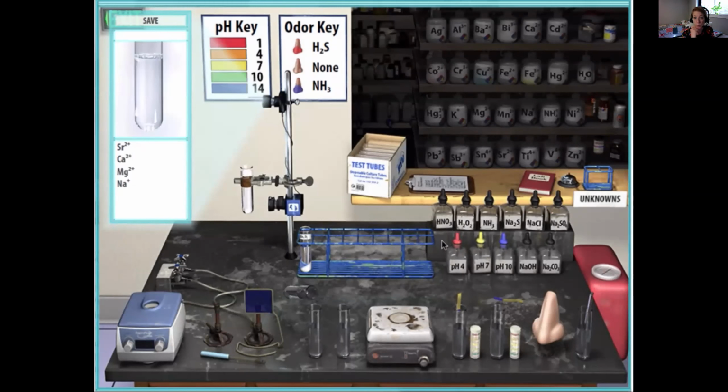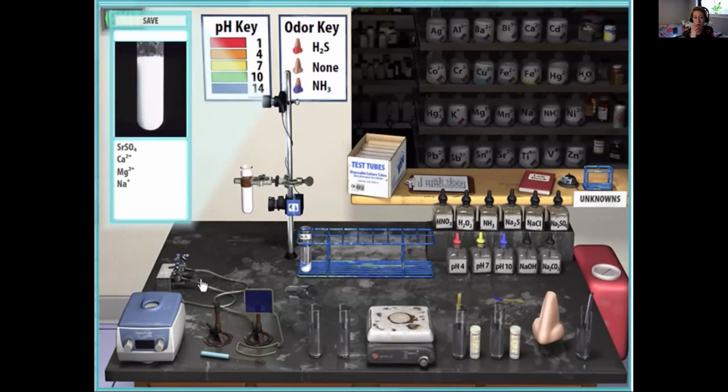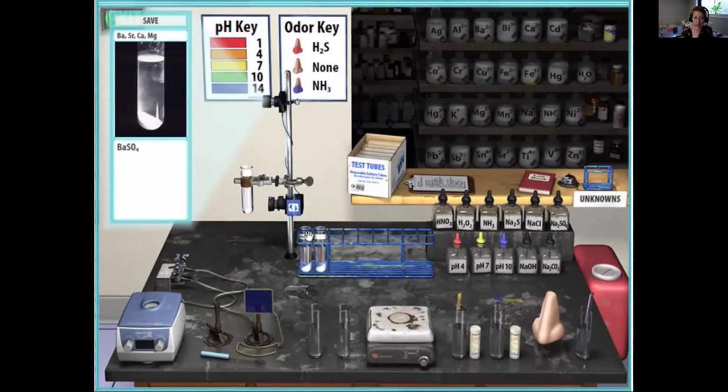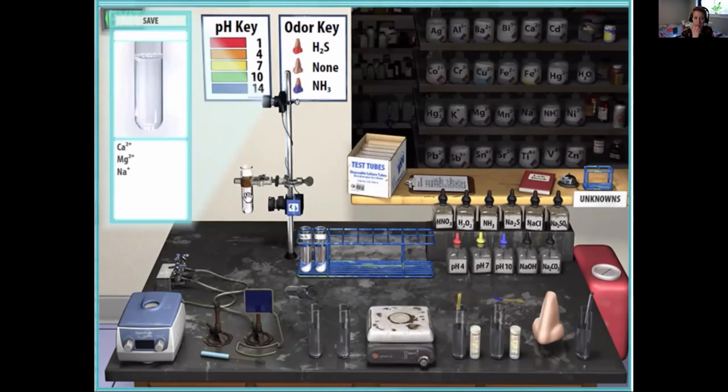If you raise the pH or you change the pH, then you have a little bit more sulfate that is in there. So then to separate out these two, one of these is going to be a hydroxide and one of these is not.